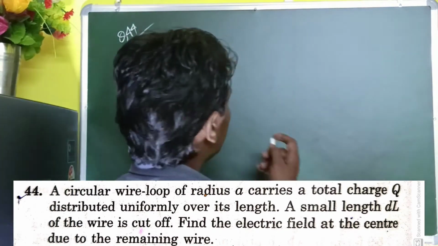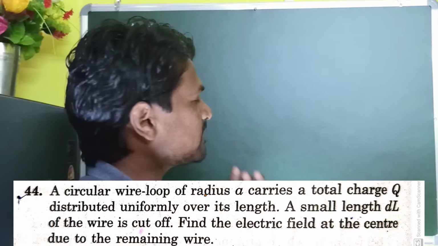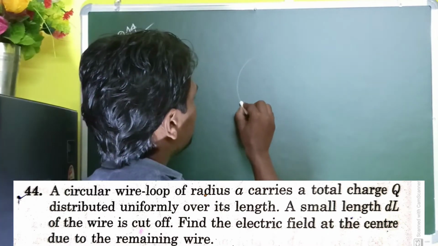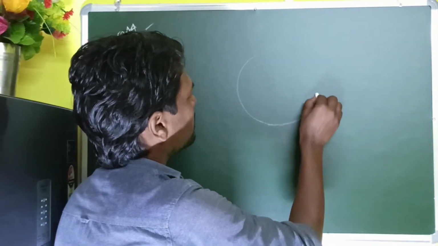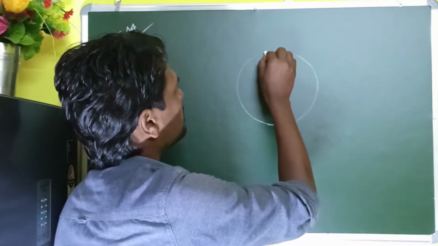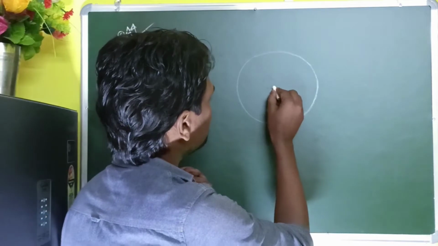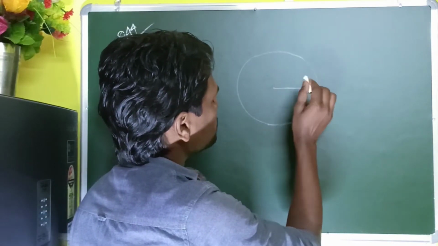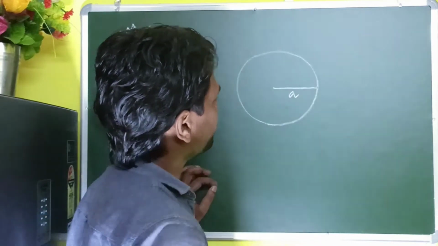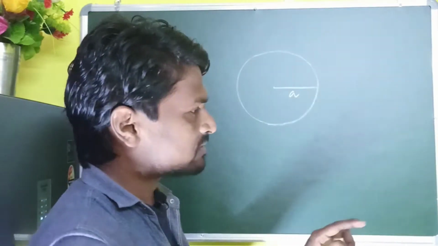Okay, so students, this is the radius of the circular loop.